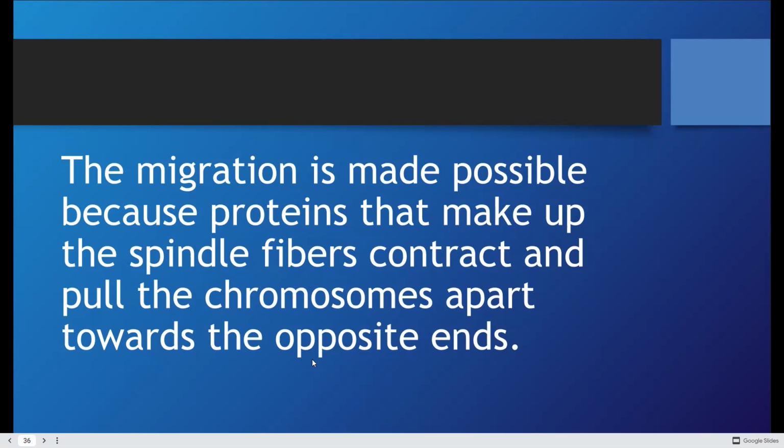By the way, the spindle fibers are actually connected to the centrioles. Remember, at the start of cell division during prophase, the centrioles move towards the opposite poles. That is in preparation for pulling the sister chromatids away from each other with the use of the spindle fibers.